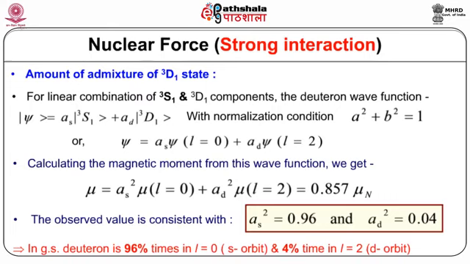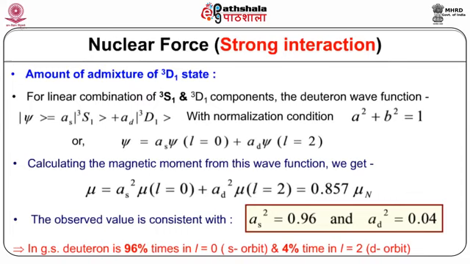So what we have done here is we have made the ground state wave function of the deuteron, which includes the components from L equal to 0 and L equal to 2, and using this wave function we have found the expectation value of the magnetic moment, and equated that expectation value to 0.857 mu_n.